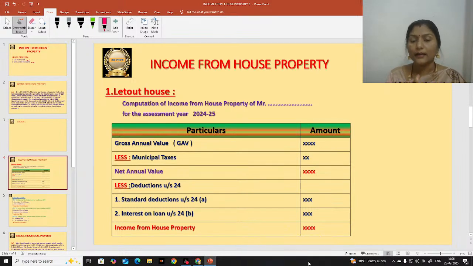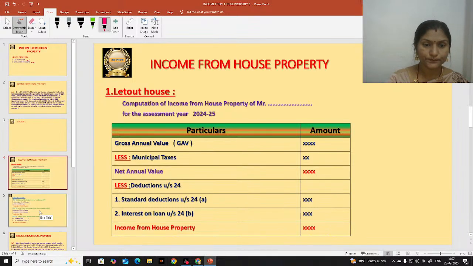Under particulars we are going to record gross annual value first. Gross annual value, short form GAV, and the amount we record in the amount column, but the gross annual value will not be given in the question. We have to calculate it. The gross annual value will be calculated using one method, and there are 3 steps for that.